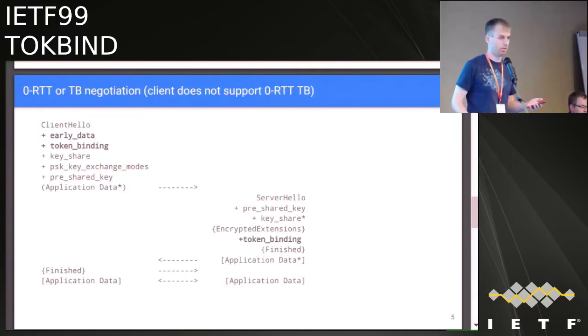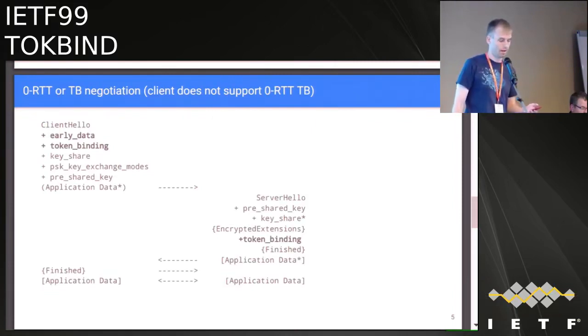So the client has the option of resuming a connection with no token binding, and I'm willing to do that because the session I'm resuming had no token binding previously, or I can negotiate token binding without zero-RTT on the new connection. And in the example here, the server hello responds to the token binding extension because it is doing token binding but not zero-RTT.